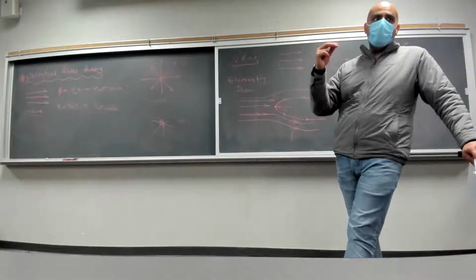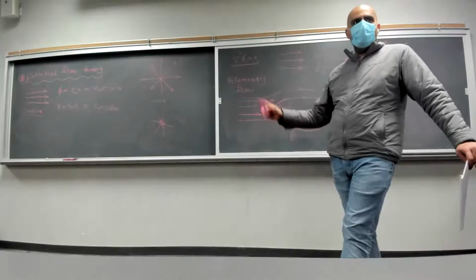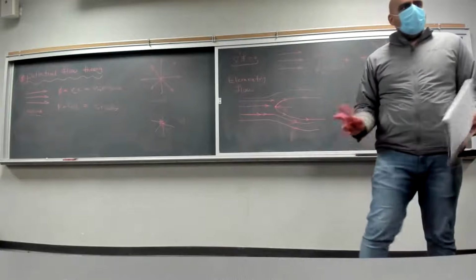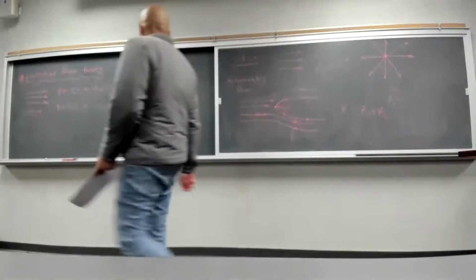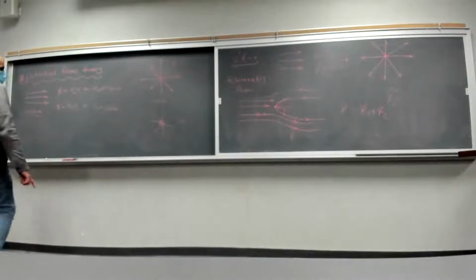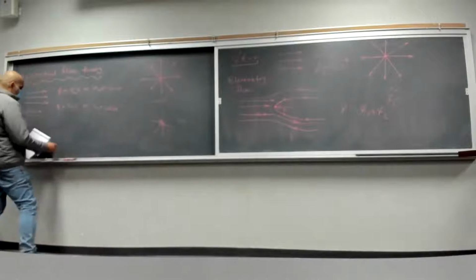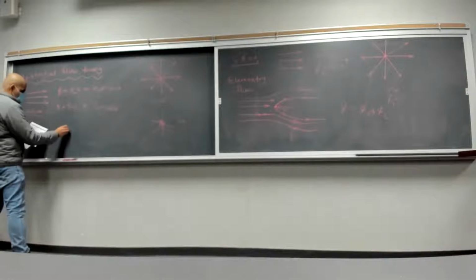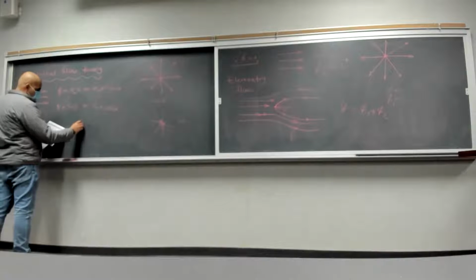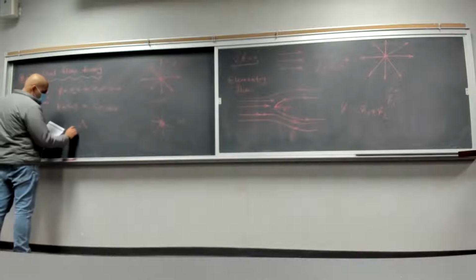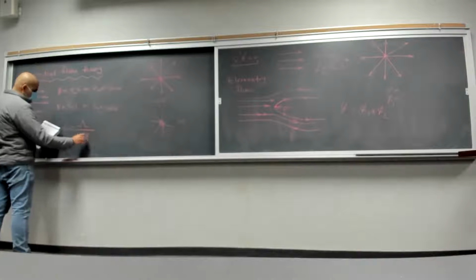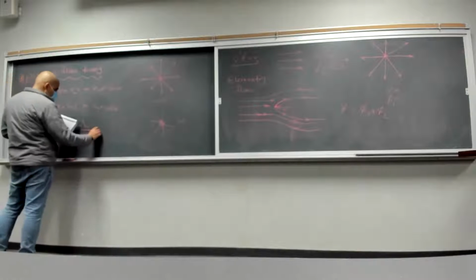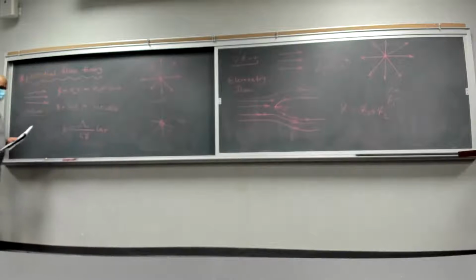If you are at the equator, this is how it's going to look like, which doesn't really happen in the real world. But so, what is the potential and a stream function for this type of flow? Velocity potential is lambda over 2 pi natural log of r.